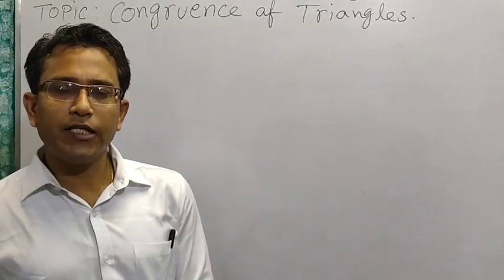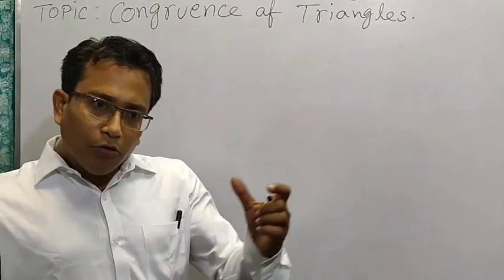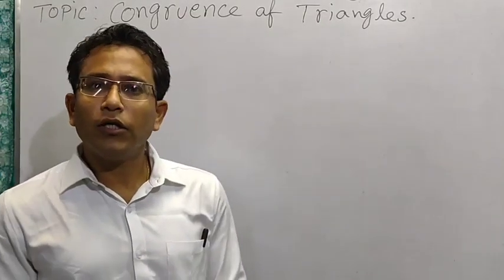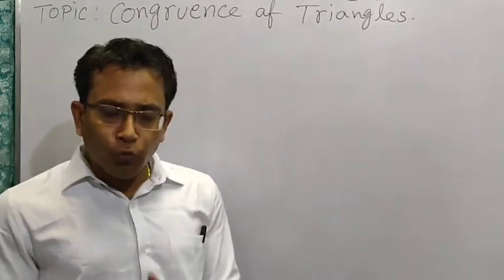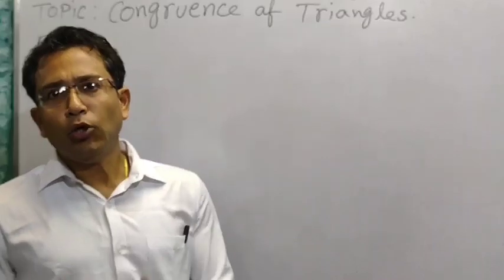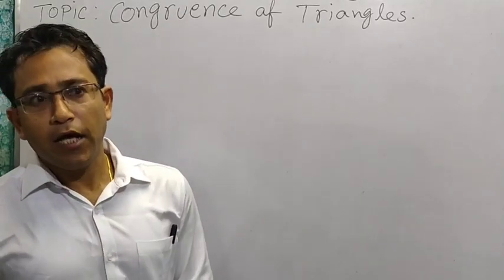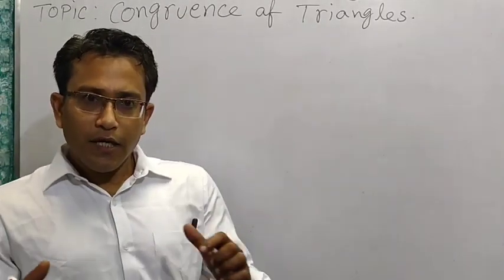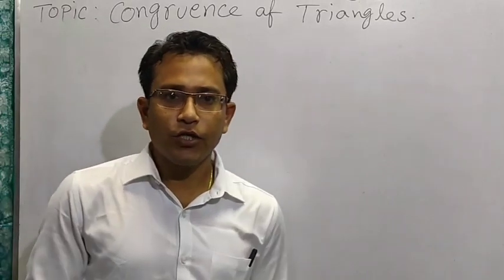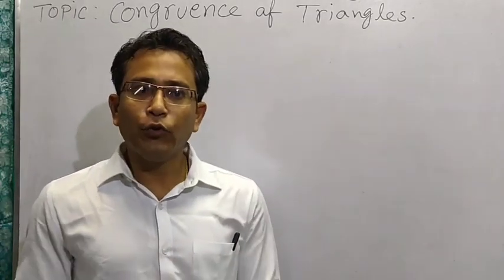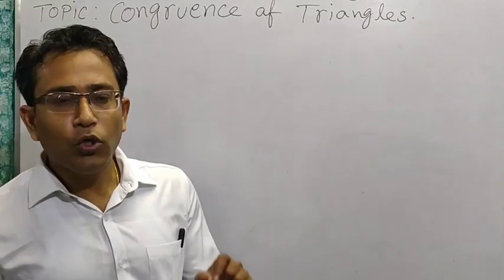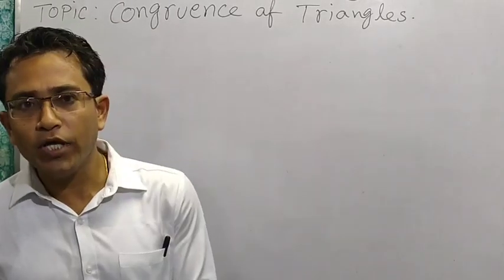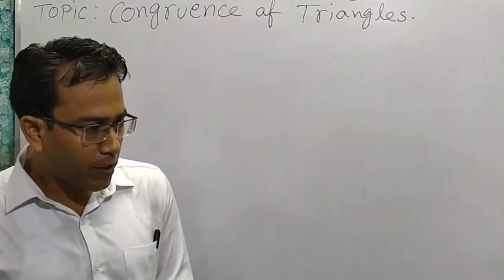Sometimes two triangles may look alike, but they are not equal. So if we want to prove that two triangles are exactly equal in every sense, then we have to use some rules, which are known as congruence of triangles rules.